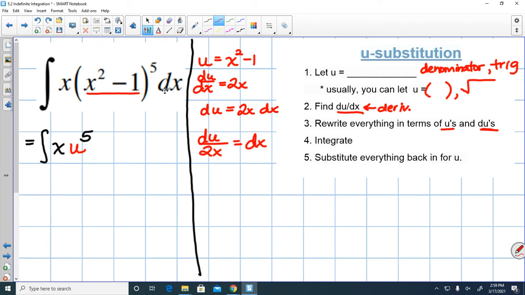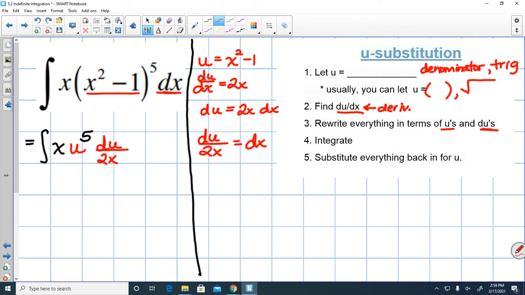And then dx I can replace because I know that dx is the same as du over 2x. So then I have everything written in terms of u's and du's almost. I can't go on to step 4 until all of my x's are gone. So I need only u's and du's.